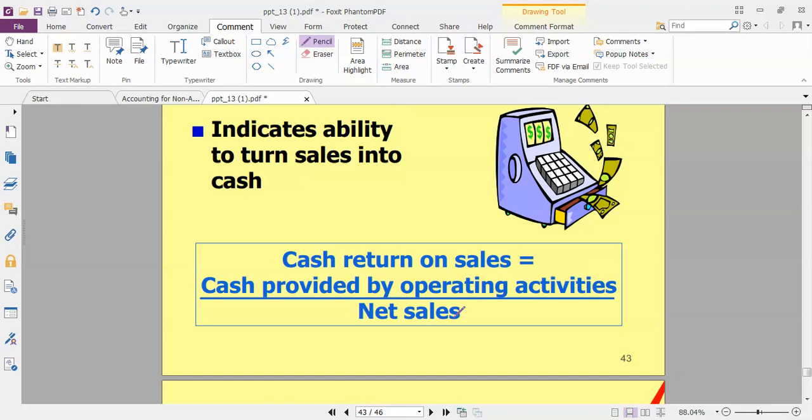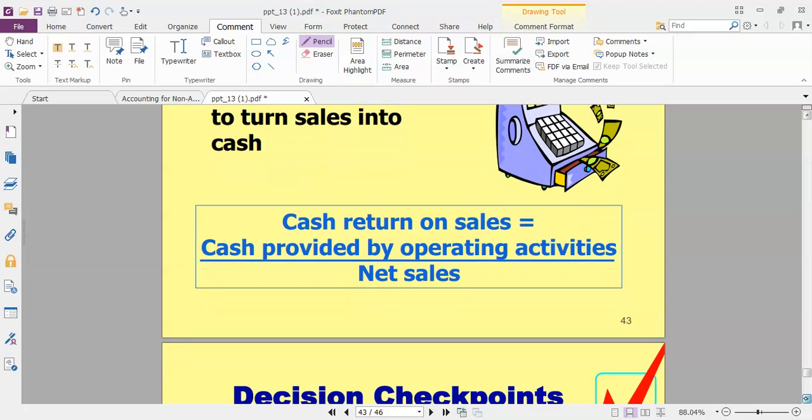Inside the statement of cash flow we can identify the amount of cash provided by operating activities, right? So that's why we can use that cash flow to calculate the cash return on sales, divided by the net sales. From where can we get the net sales? From the financial statements, the information that we can use.